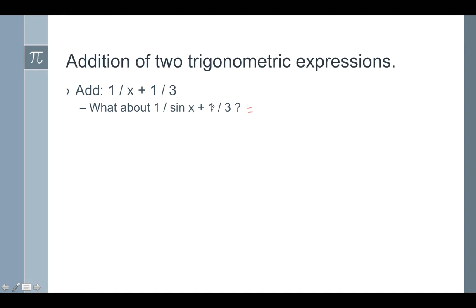Well, this is sine of x, this is 3, and therefore my common denominator is 3 sine of x. It's just multiplication, just like you would think. The left one I multiplied by 3, the right one I multiplied by sine, and you can see the similarities here. This just becomes sine of x plus 3 over 3 sine of x. That one's a very simple problem.